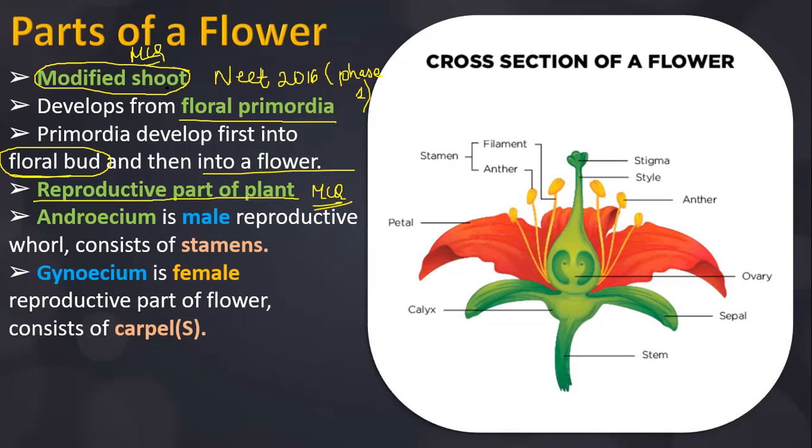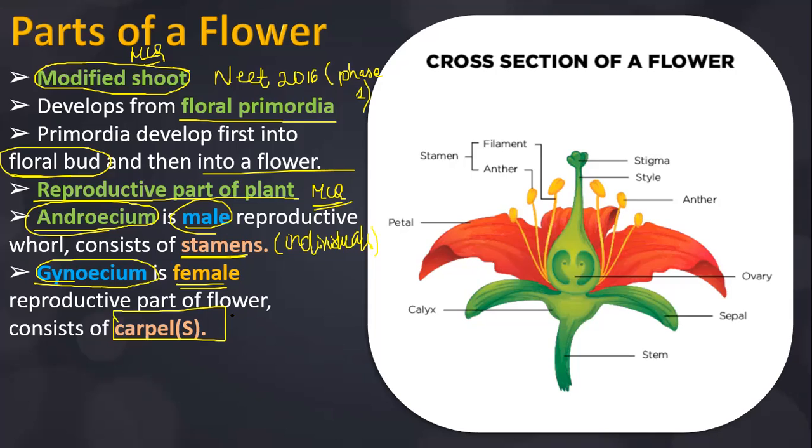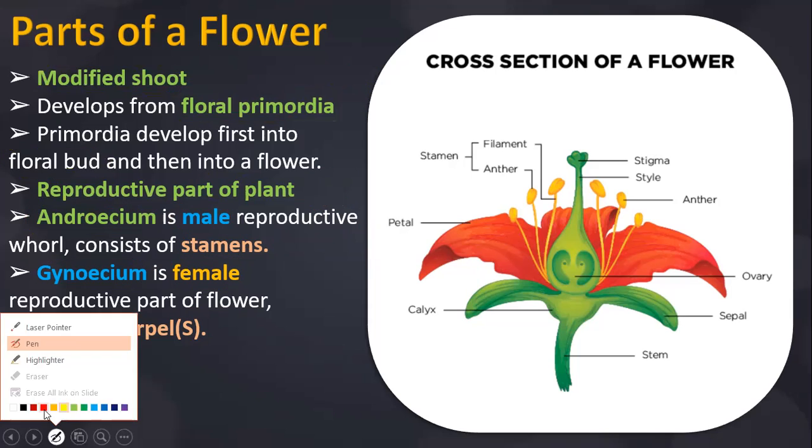Reproductive part of a flower. Androecium is the male reproductive part that consists of individual units. What are stamens? Stamens are the individual units of Androecium. And the last part is the gynoecium, the female reproductive part of a flower that consists of individual units known as the carpel.